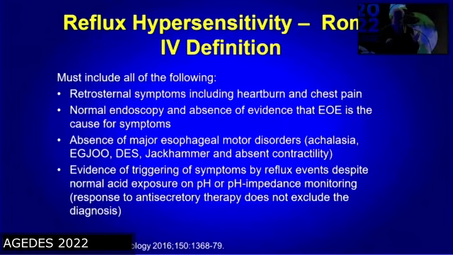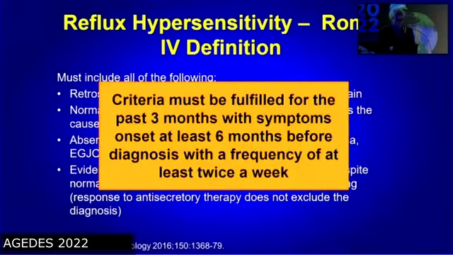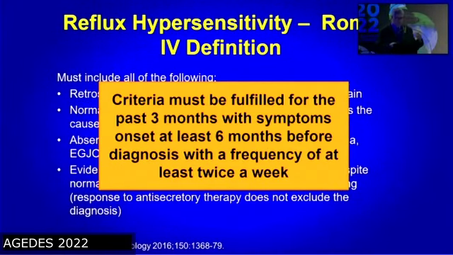Retrosternal symptoms, including heartburn and chest pain, normal endoscopy, and absence of evidence that EoE is the cause of symptoms, no evidence of a major motor disorder, and then evidence of triggering of symptoms by reflux events despite normal acid exposure on pH or pH impedance monitoring, and response to anti-secretory therapy does not exclude the diagnosis. And again here, criteria must be fulfilled for the past 3 months with symptom onset at least 6 months before, and with a frequency of at least twice a week.